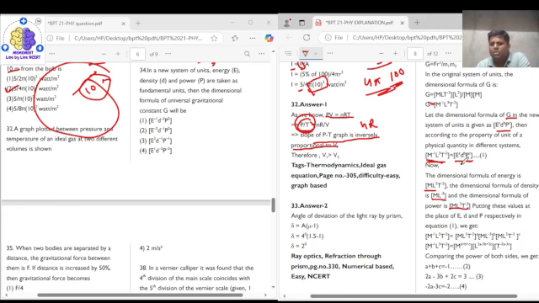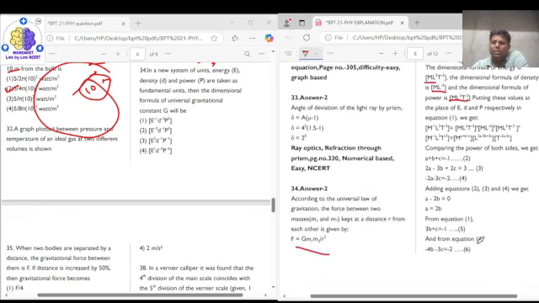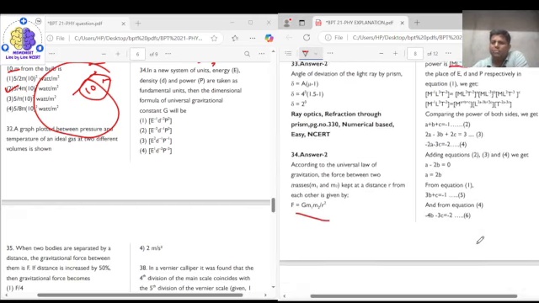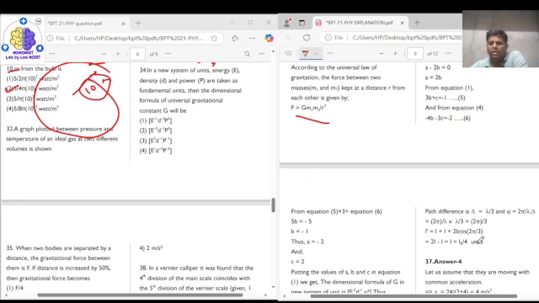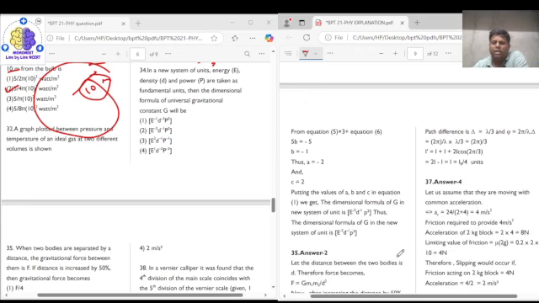We put the dimensional formulas for energy, density, and power here, and then we compare the powers, and calculating it we get a as -2, b as -1, and c as 2.